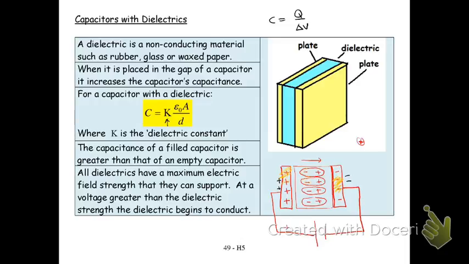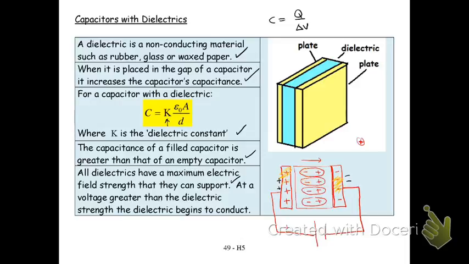So, what we say is a dielectric is a non-conducting material such as rubber, glass, wax, paper. When it is placed in the gap of the capacitor, it increases the capacitance of the capacitor. We put a K in, which is the dielectric constant. The capacitance of the filled capacitor is greater than the empty capacitor. All dielectrics have a maximum electric field strength that they can support.